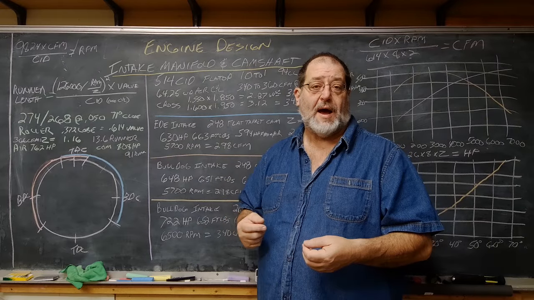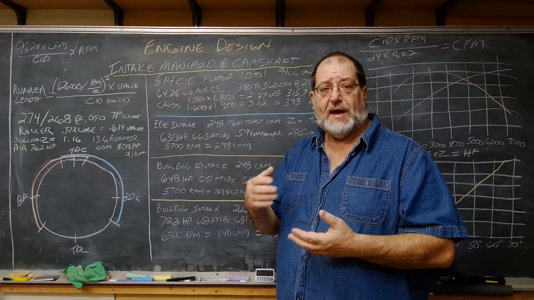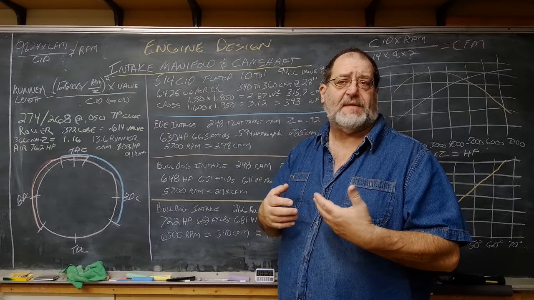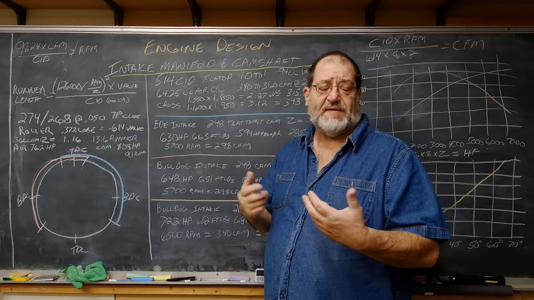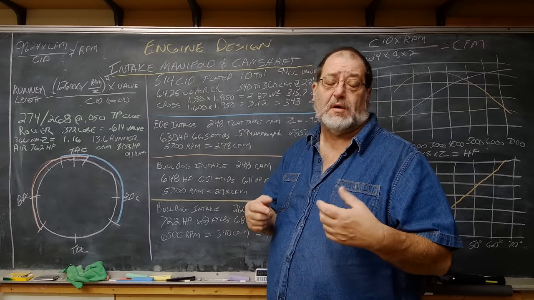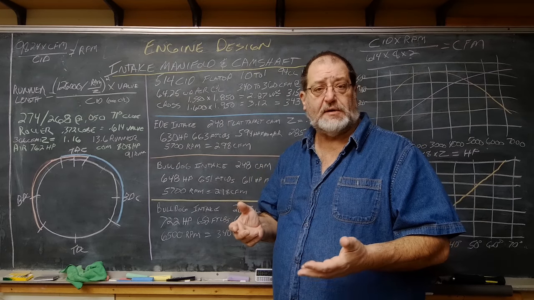It basically flows between 340 and 360 CFM. Some of that, of course, depends on whether or not it's been ported and what valve lift we're talking about, because it does have more flow at a higher valve lift, but those valve lifts are sometimes a little hard to get to. In this case, I'm thinking we're going to talk more around 600 valve lift, which is pretty common for a lot of the motors that we do.